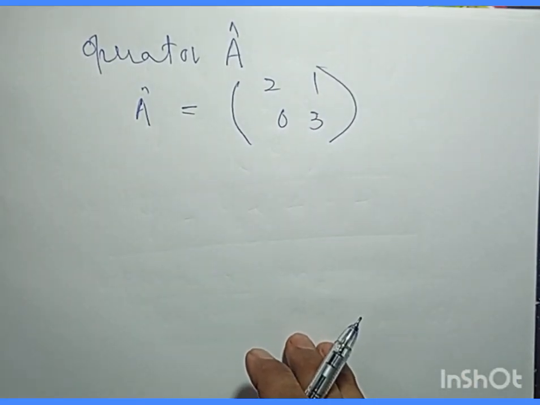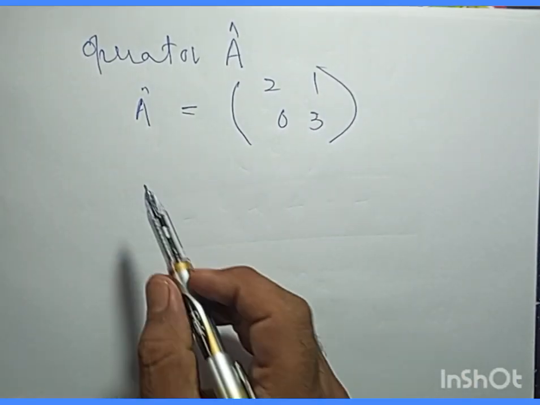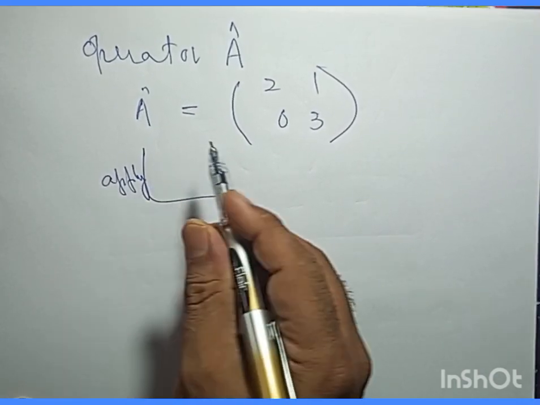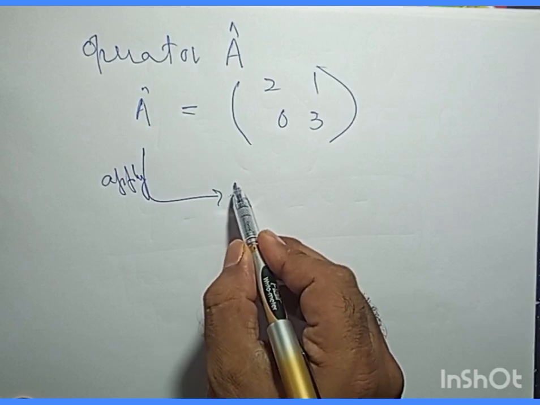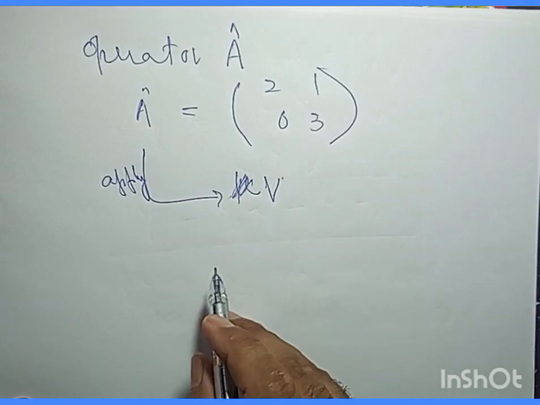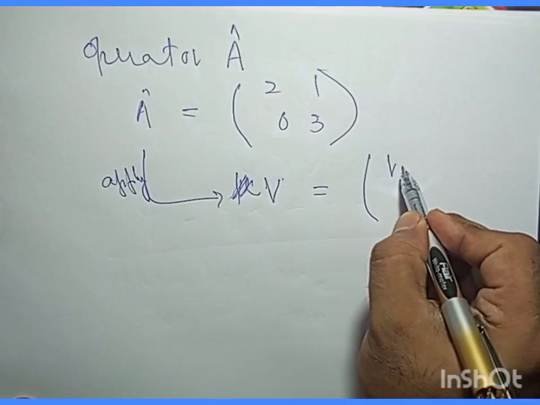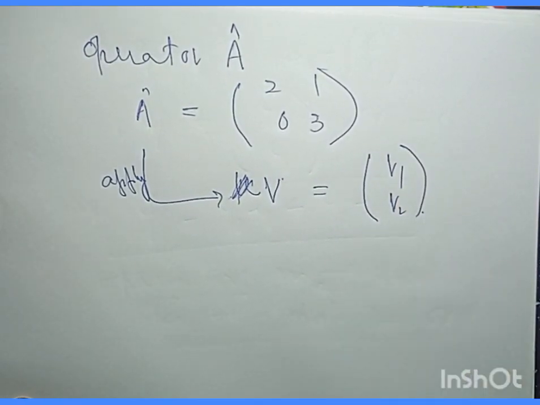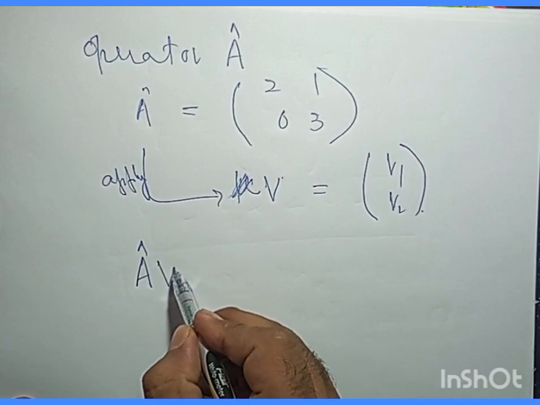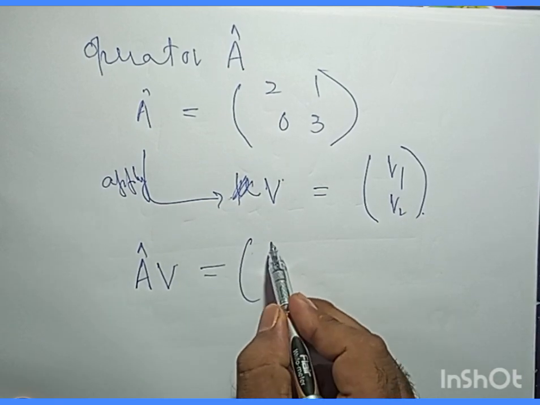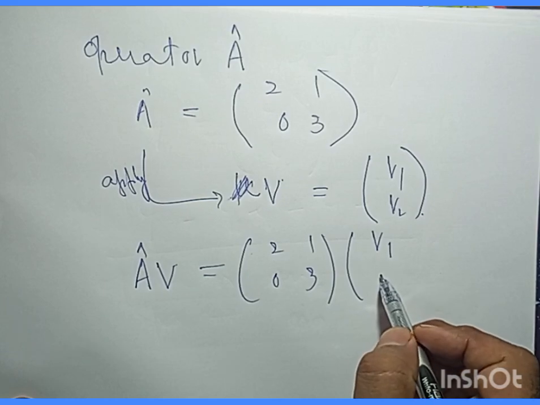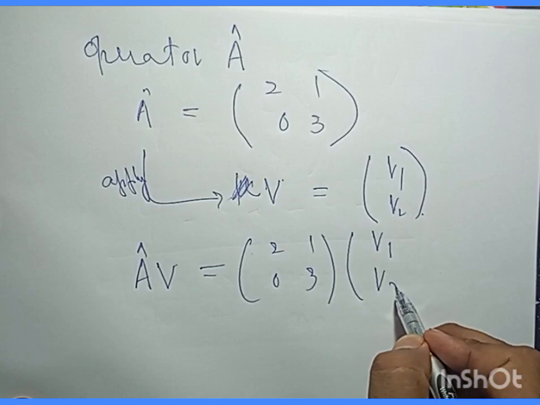If I apply this operator to a vector, let me choose V, where V is V1 and V2, operating on this vector gives me the matrix 2, 1, 0, 3 times V1 and V2.